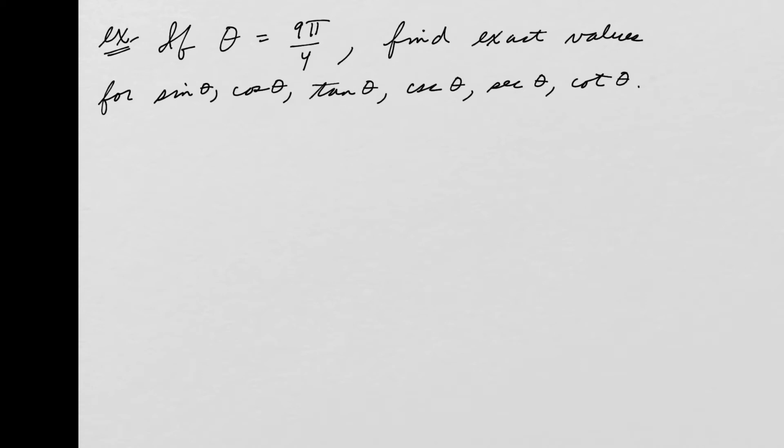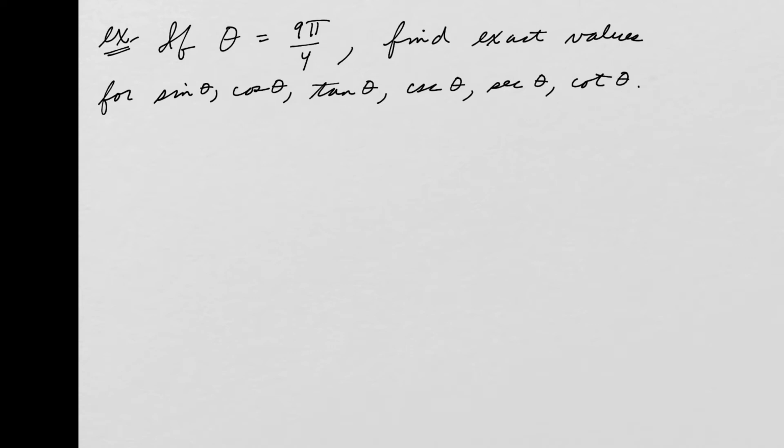It's the same idea as when we focused just on sine and cosine in the last section. I need to figure out the reference angle first, because the trig function of any angle is the same as the trig function of its reference angle, except you have to be careful with the sign, whether it's positive or negative.